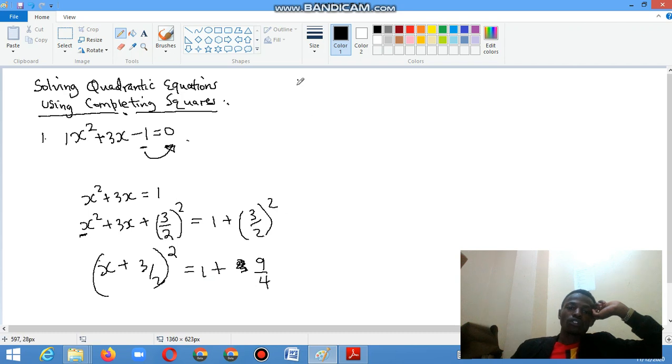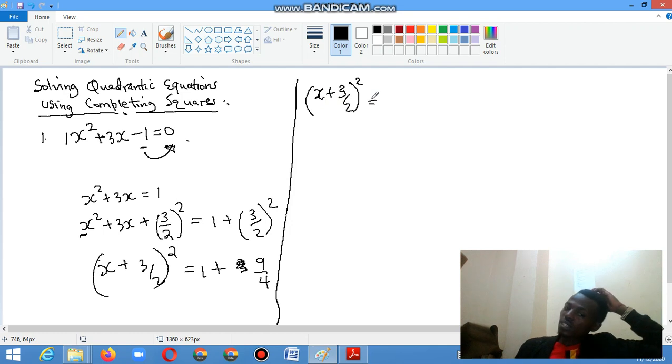So the left hand side remains x plus 3 over 2 squared, which is equal to 1 plus 9 over 4, and I think you will get 13 over 4.